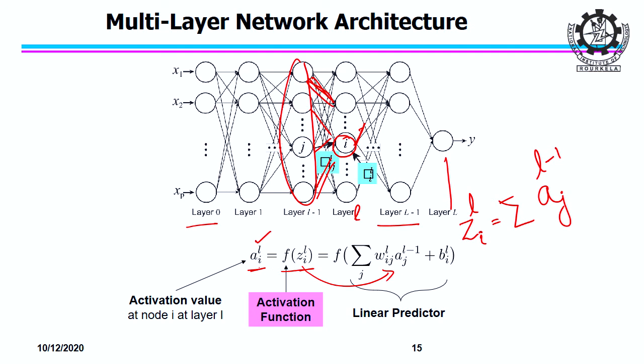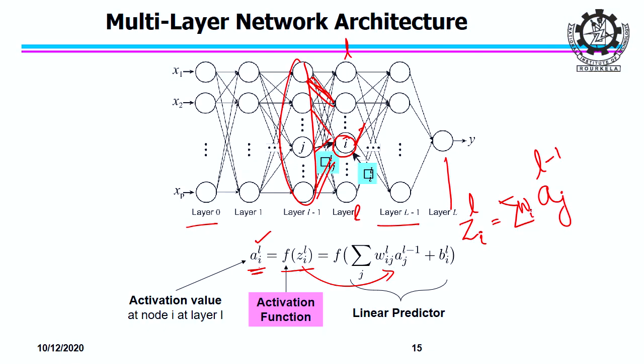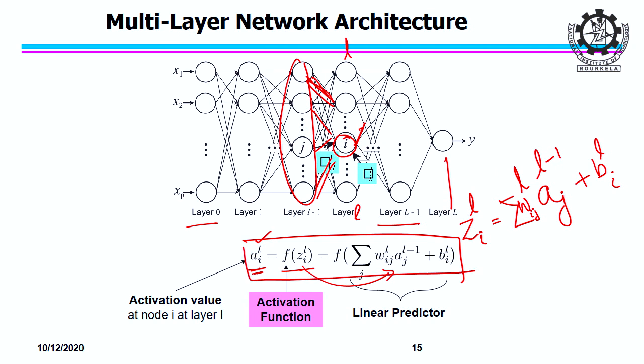How do you write this weight? A few minutes before I said you write the weight with respect to A_i, that is the ith node in the level L we are talking about. Therefore, i should come first, and j is the node from which it is coming. So W_ij, the weight associated with layer L. That is z, and then obviously we have a bias term, that is b_i^L, and its input is always 1, as we know. So we get it here, and there is no confusion about it.